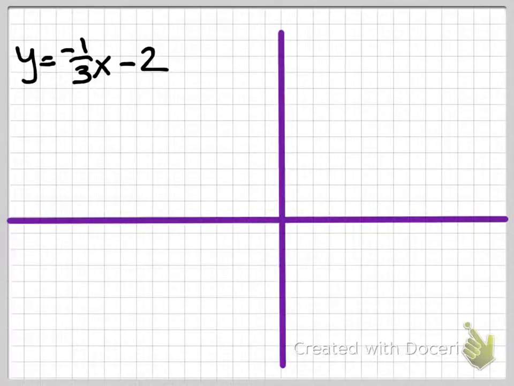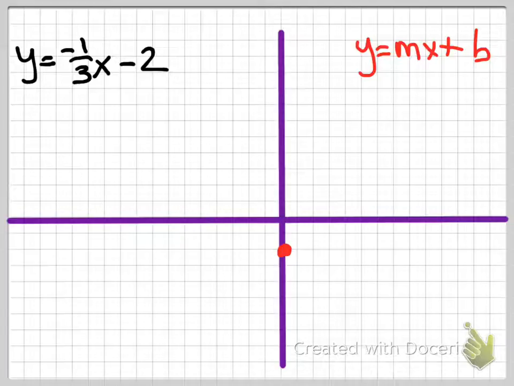And we're always going to start at our y-intercept, our b. This is in the format y equals mx plus b. So b is -2. That's where we go. From there, we're going to follow our slope. Our slope says -1 over 3. That's our rise over run.